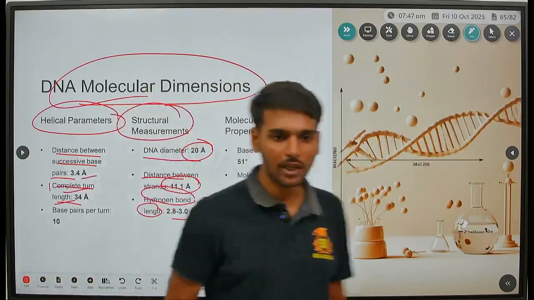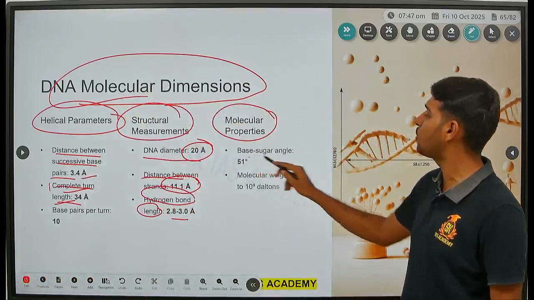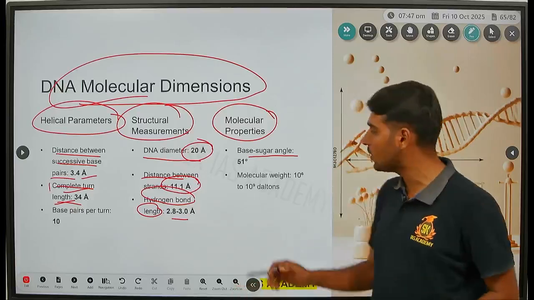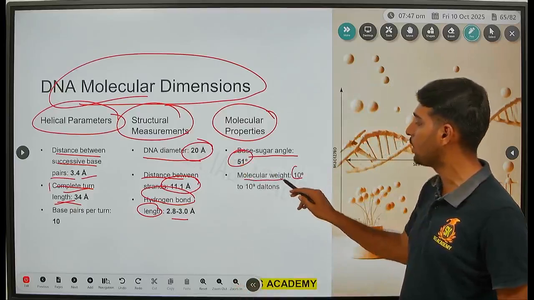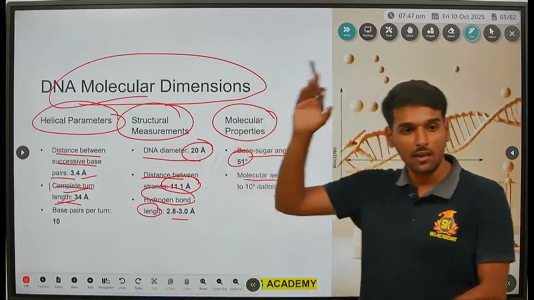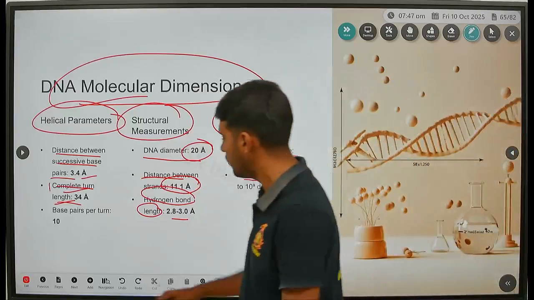It differs, but very little. Molecular property: the base-sugar angle, the angle between the base and the sugar, is 51 degrees. Molecular weight is 10 to the power 6 to 10 to the power of 9 daltons. That is why it is considered to be a macro or a micro? Macromolecule. Okay.